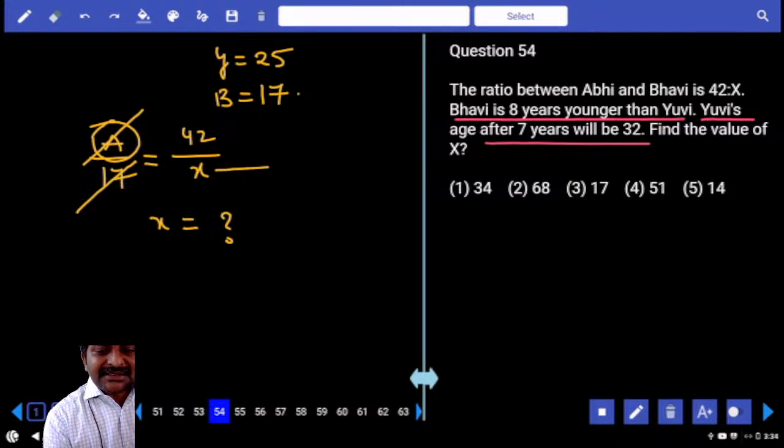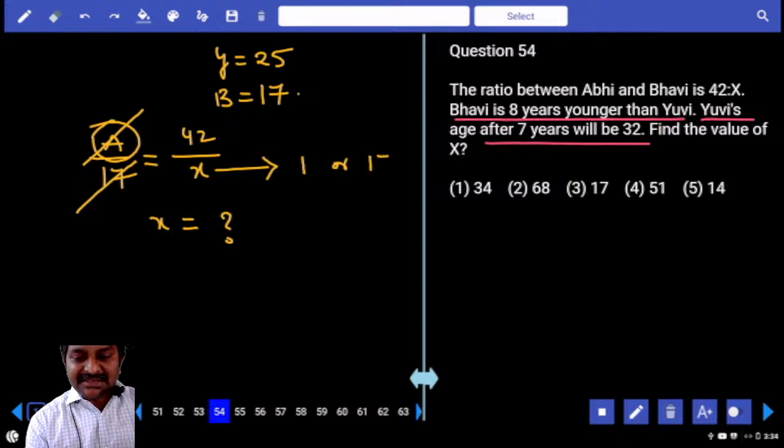So for X, possible values are factors of 17 only. 17 is a prime number. So it may be either 1 or 17. They are the only 2 possibilities that we have. So among options, 17 is there. So we can directly go for it.